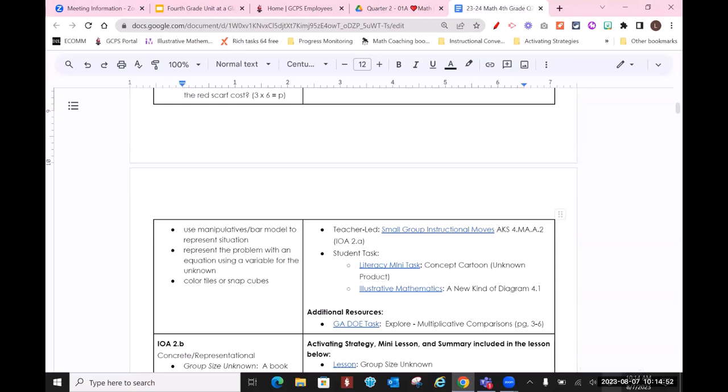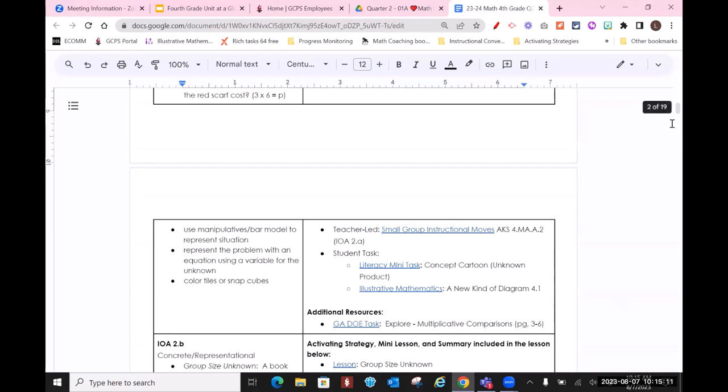Similar to your GCPS resources, this is a live document that could be updated by the state. So for example, this Georgia DOE task is Explore Multiplicative Comparisons, and you can see it's pages 3 through 6. So if I were to click on this link, it would open up to page 3.